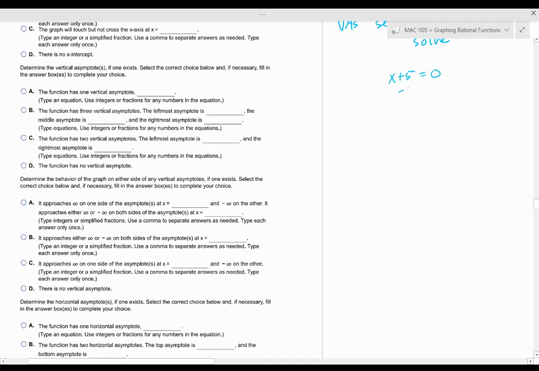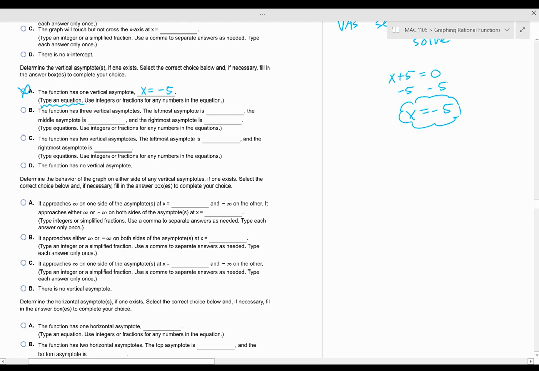We're going to solve for x. So x equals -5 is our vertical asymptote. So we would say it has one vertical asymptote at x equals -5, and I wrote it as an equation because the directions say type as an equation.